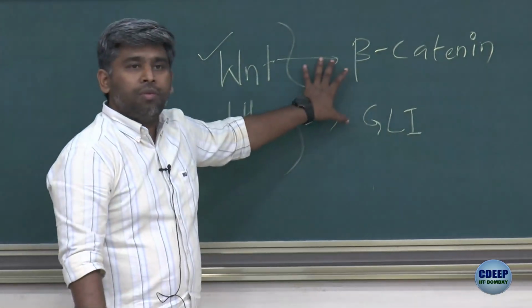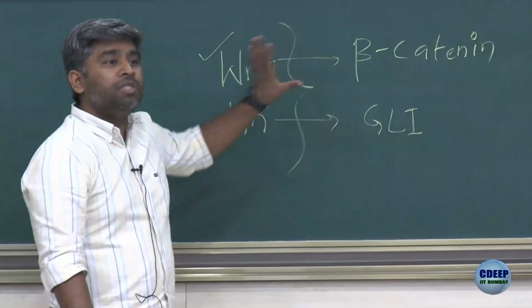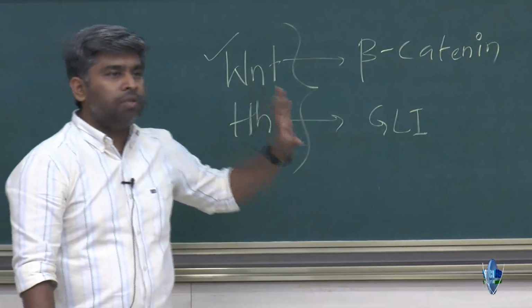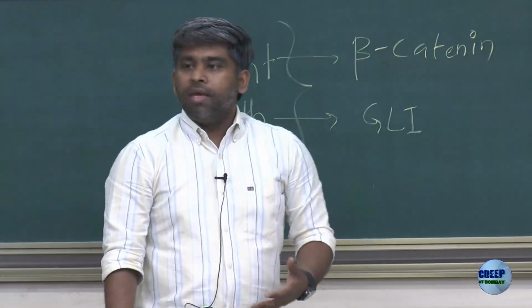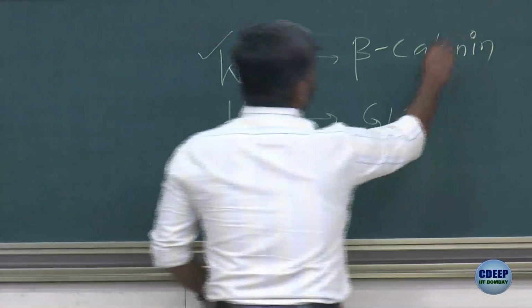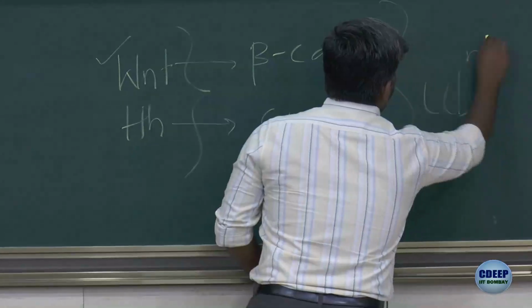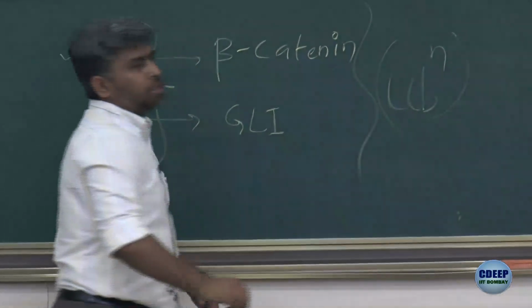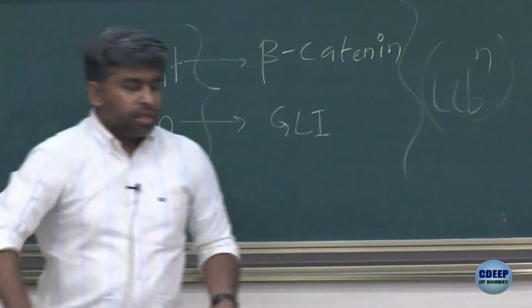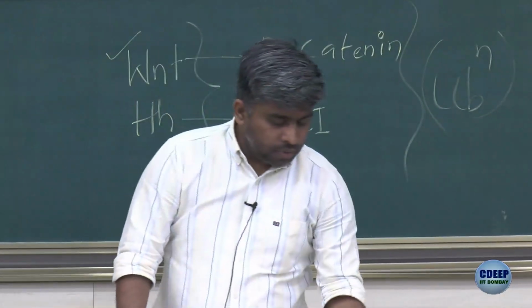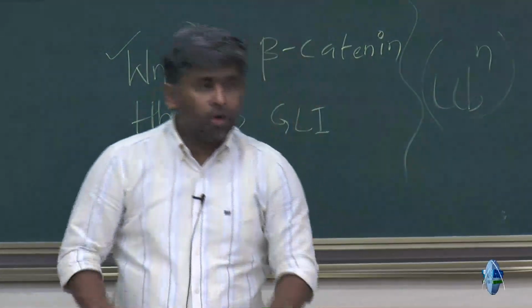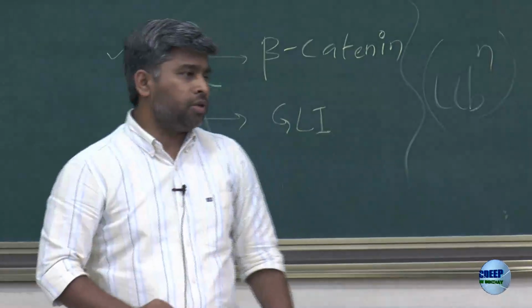The regulation of these two factors in the absence of pathway activation or ligand is regulated by ubiquitination. That is one of the important things that one should remember when we talk about Wnt and Hedgehog signaling.